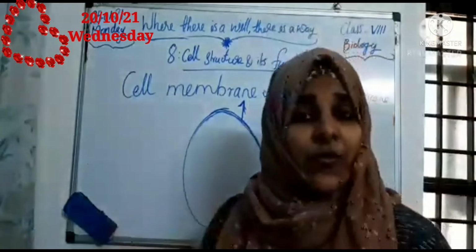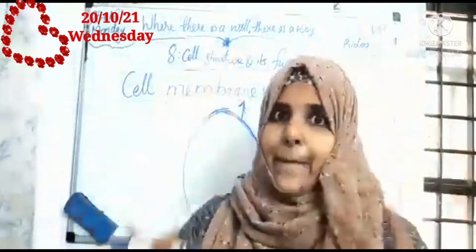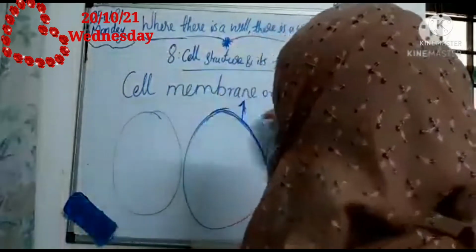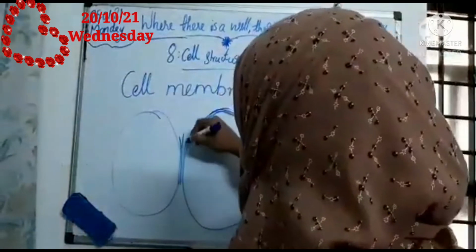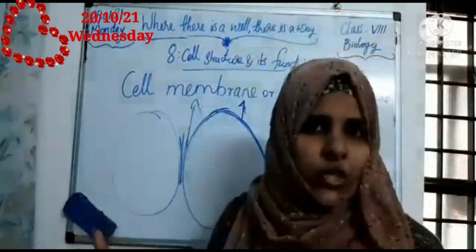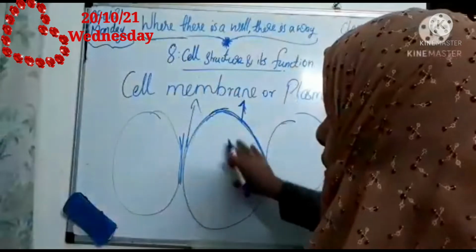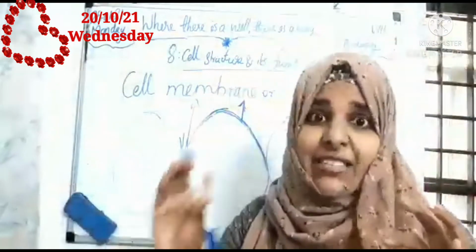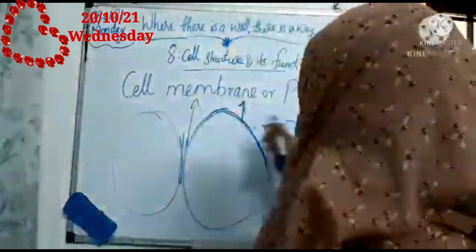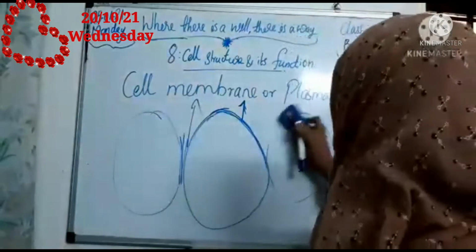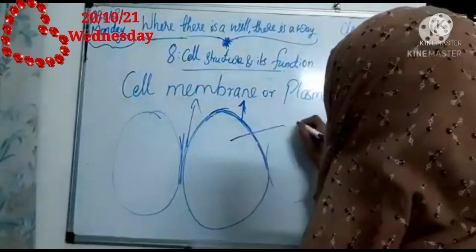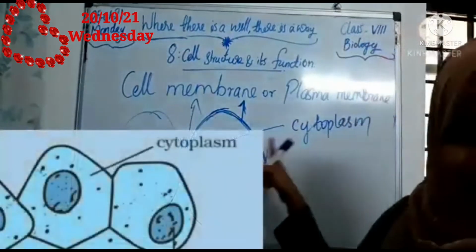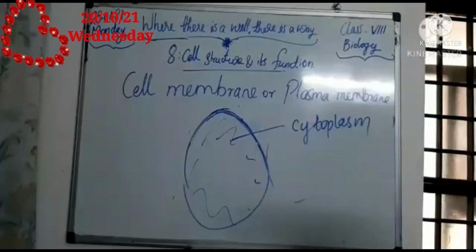So students, we know that our body is made up of a number of cells. These different cells are separated by an outer covering that we call the cell membrane. We know that, right? And inside the cells, we can see a jelly-like substance that we call cytoplasm.